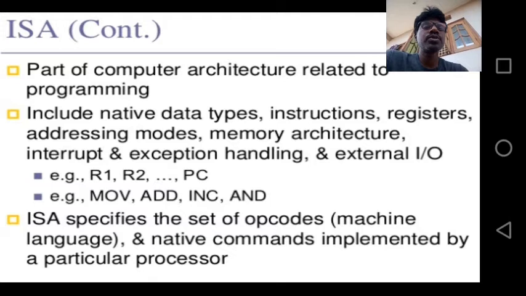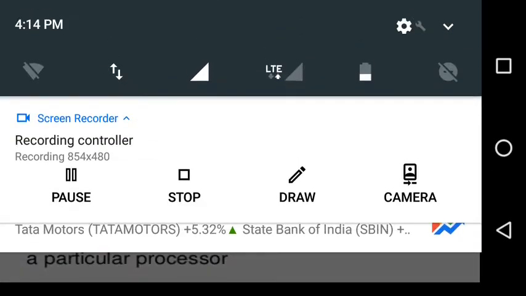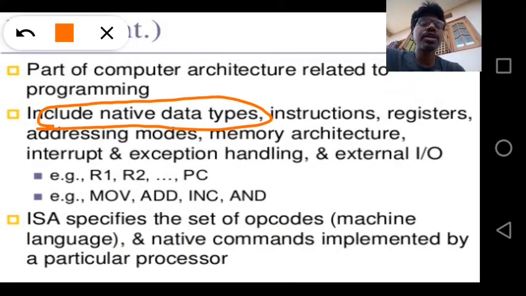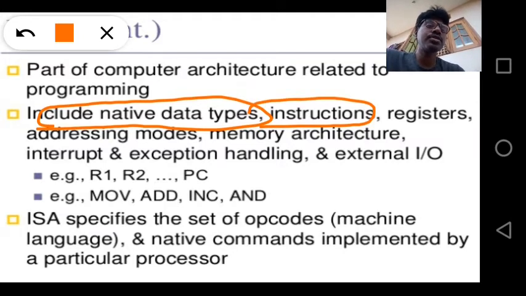So this instruction set architecture means it should include instructions for how to declare a native data type, some set of general purpose instructions.